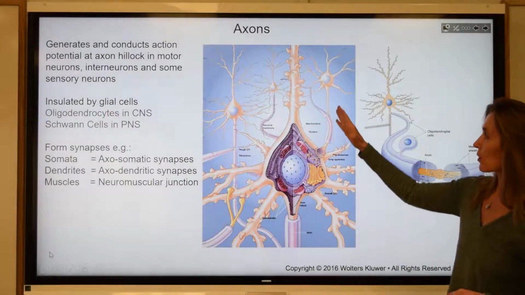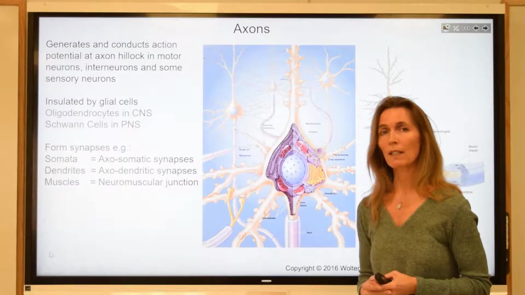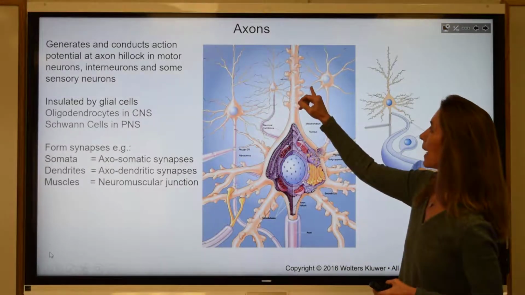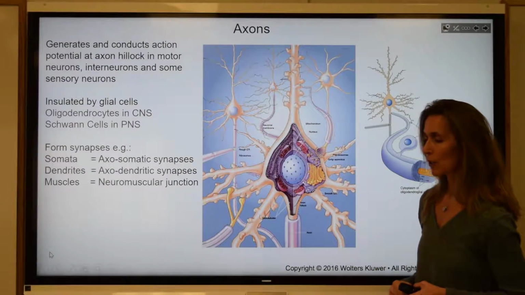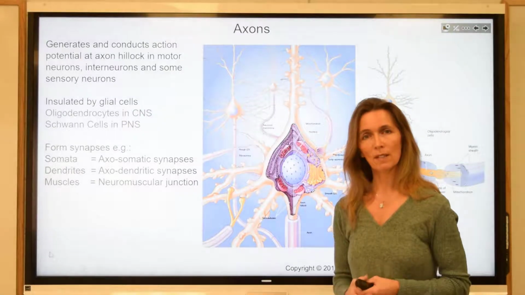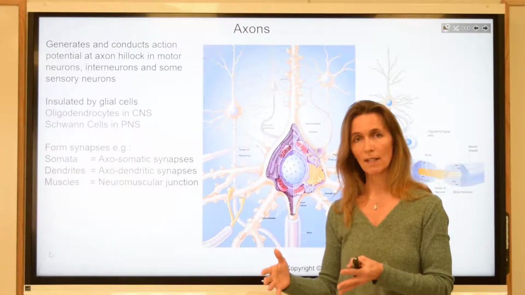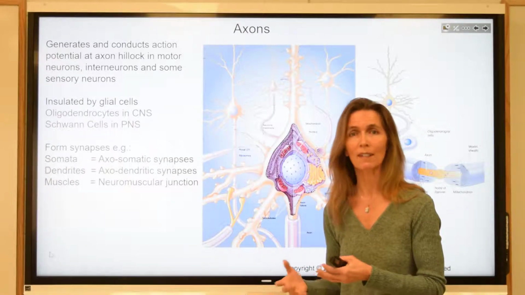The axons of neurons are usually, particularly in the mammalian central and peripheral nervous system, insulated by glial cells. Glial cells are supporting cells in the nervous system, so the nervous system consists of neurons and glial cells, and in fact the majority of cells in the nervous system are glial cells.